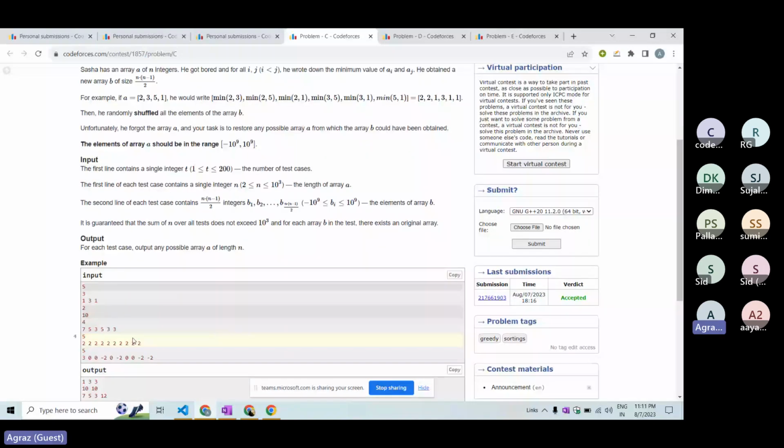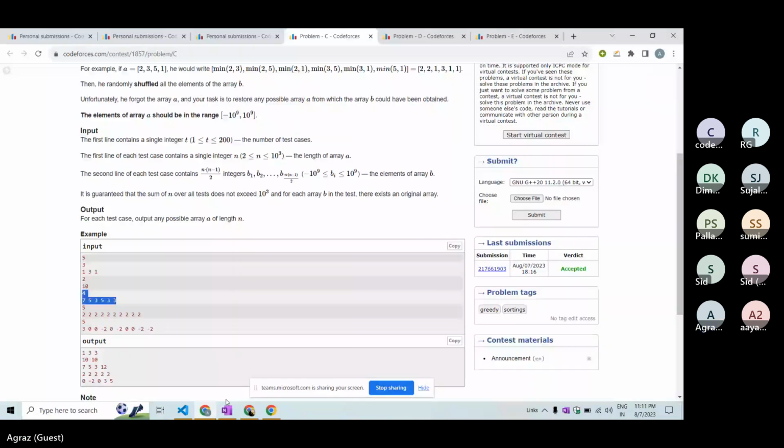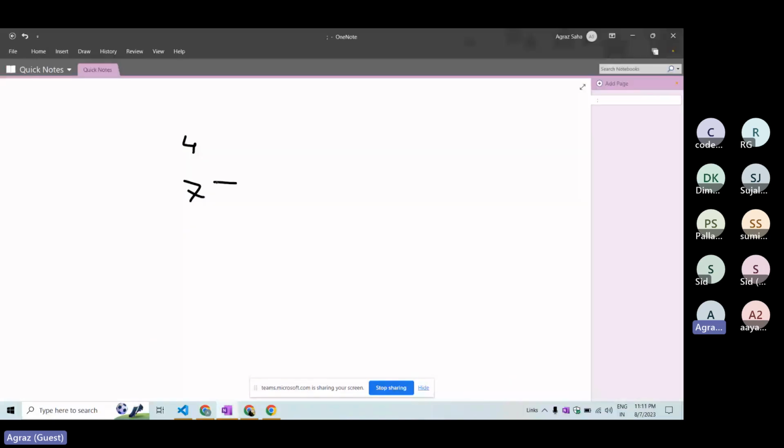Now let me show you some examples. Let's take this test case: 7, 5, 3, 5, 3, 3.